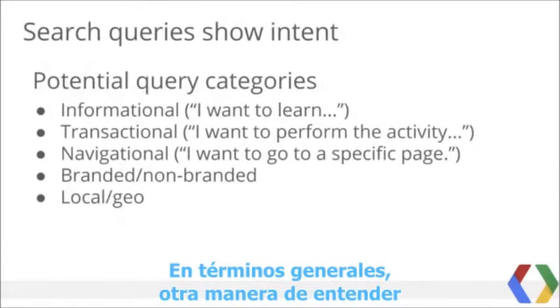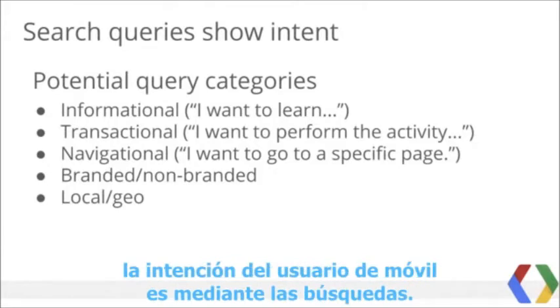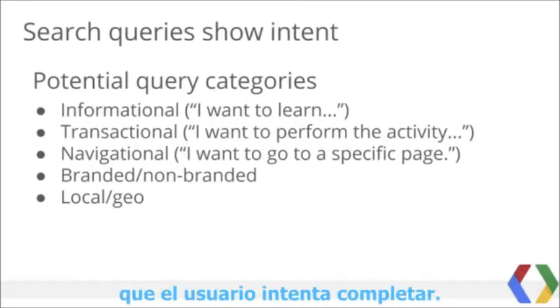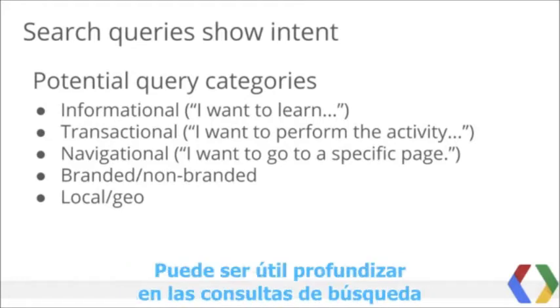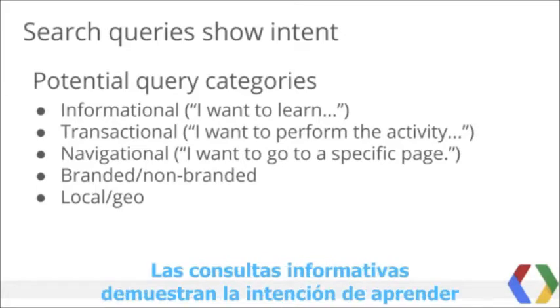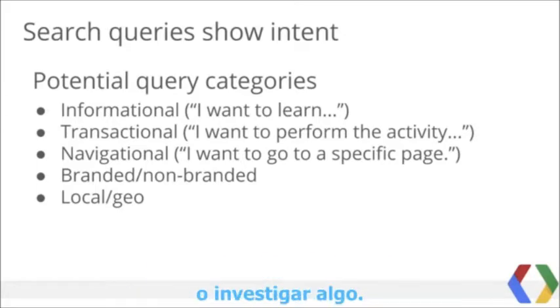Still thinking high level, another way to understand mobile user intent is through search queries. Behind each keyword, there's a task a user was trying to complete. It may be useful to slice, dice, and categorize your search queries to provide more lenses for viewing your data. Informational queries show intent for the searcher to learn or research something.